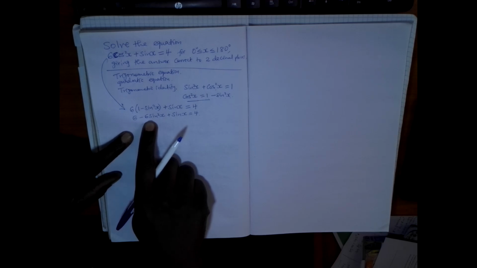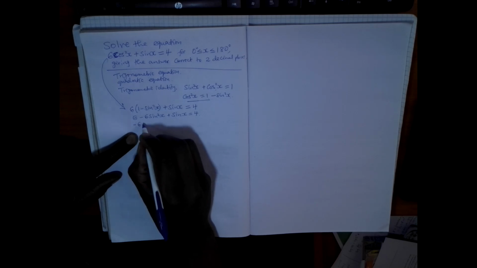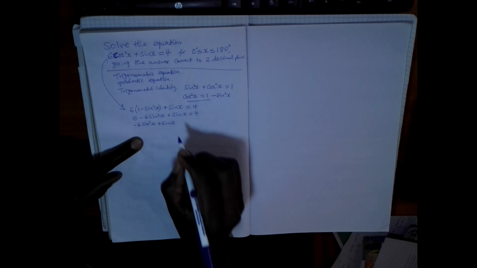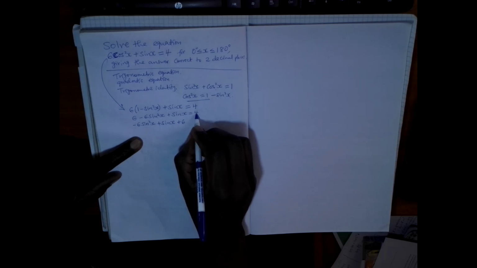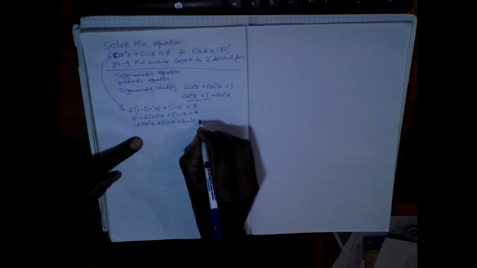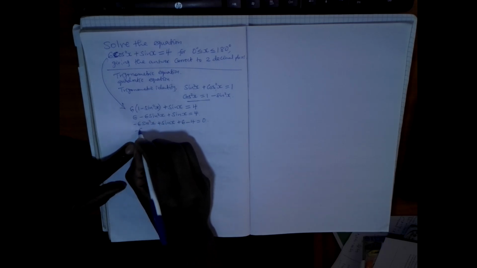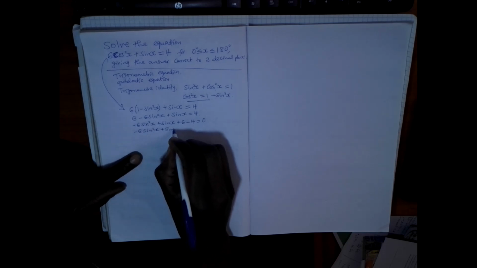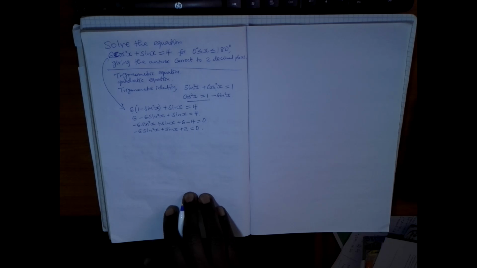Rearranging, minus 6 sine x squared plus sine x plus 6, subtract 4 on both sides, so minus 6 sine x squared plus sine x plus 2 is equal to 0.